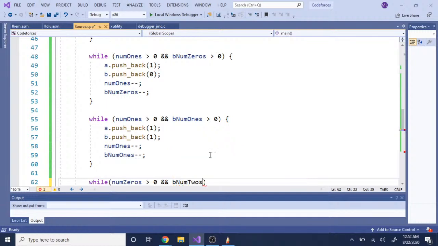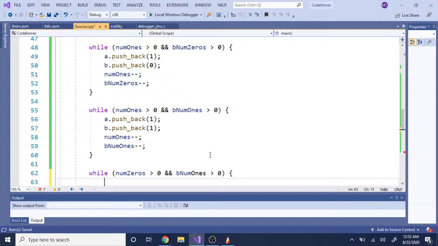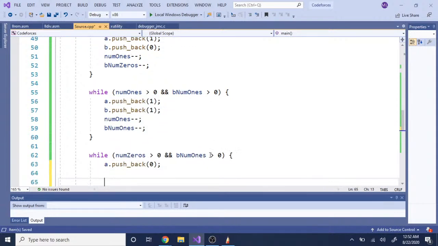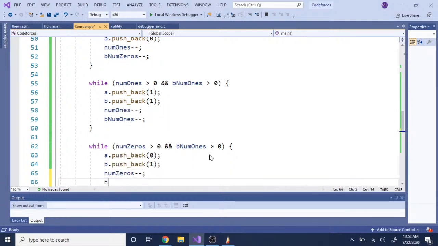Honestly, 2s or 1s, it really doesn't matter. We could say 2s, then we just push back a 0, and then num zeros minus minus. B dot pushback 1, num 1s minus minus.